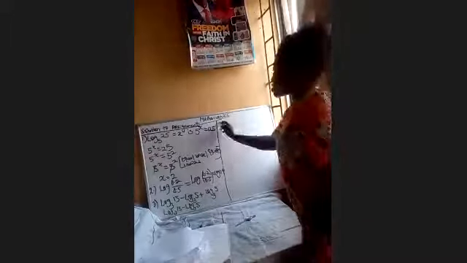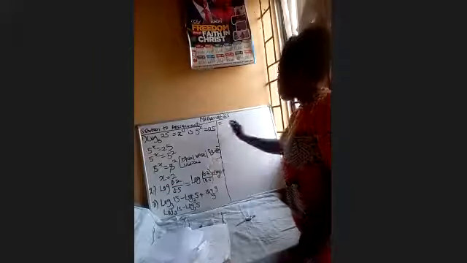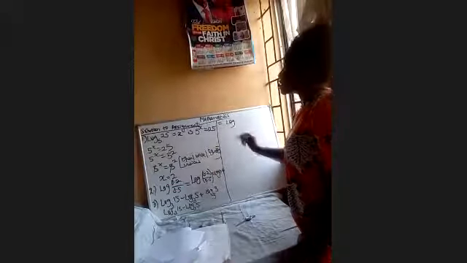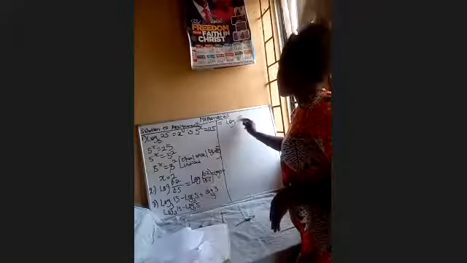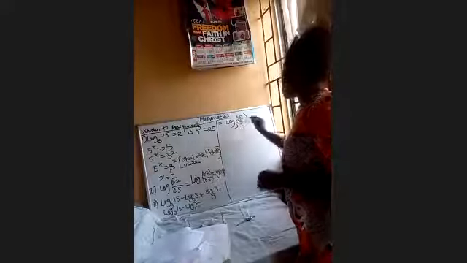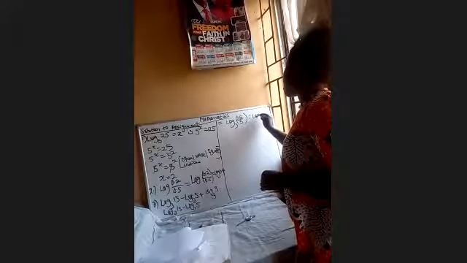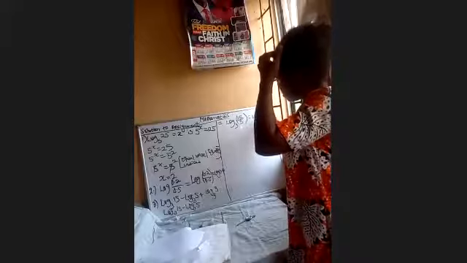Minus changes to division, so this gives us logarithm of 15 divided by 5 base 3. So this gives us logarithm of 3 base 3.